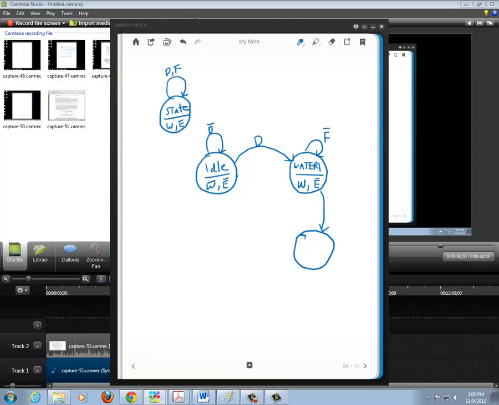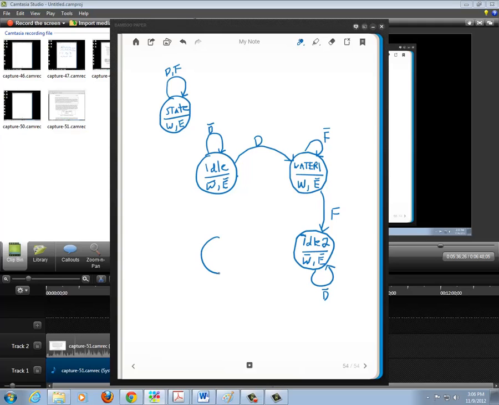So we're going to go to the idle 2 state. This is when we've reached the flood condition. In the idle 2 state, we're not going to water again and we're not going to fertilize again. But by being in this state, we've remembered that we've already watered once because we got here from this water 1 state. We're going to stay here so long as we're not dry.